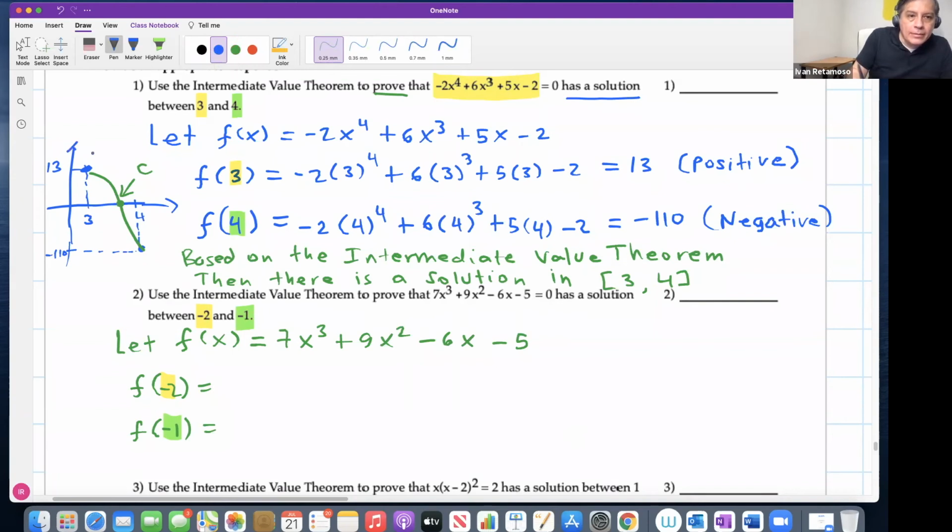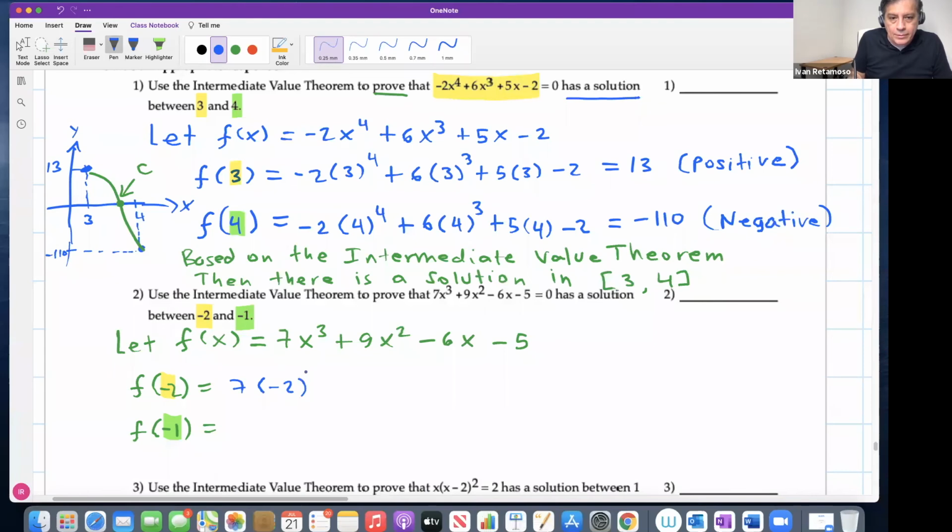Use your calculator, right? Yeah, great. Yeah, the first evaluation at -2 should be done this way, right?